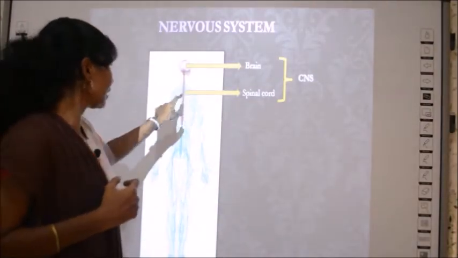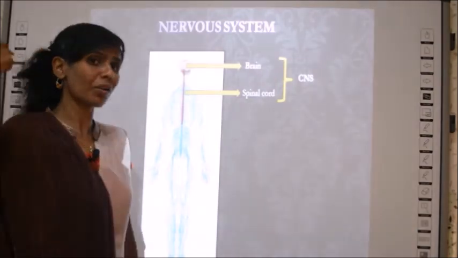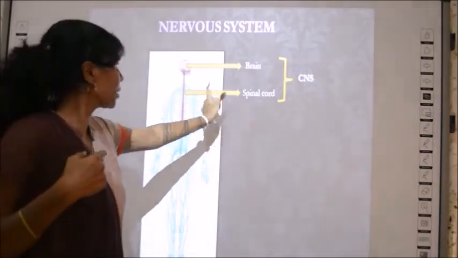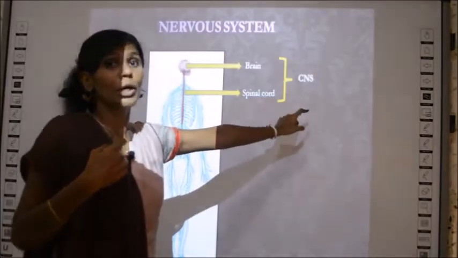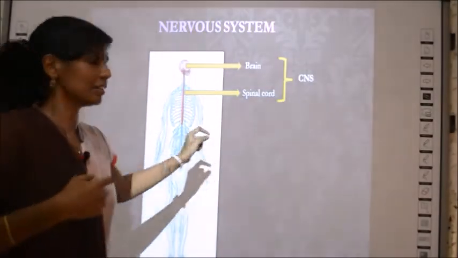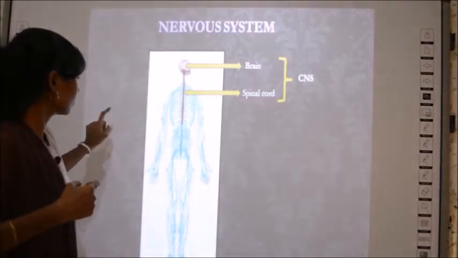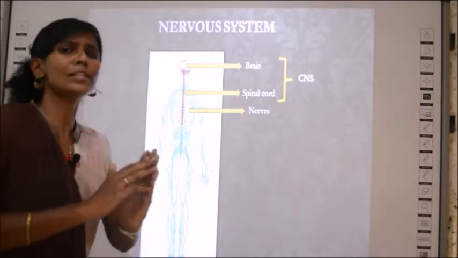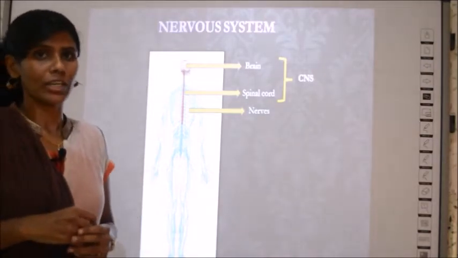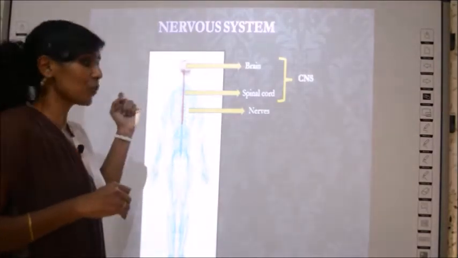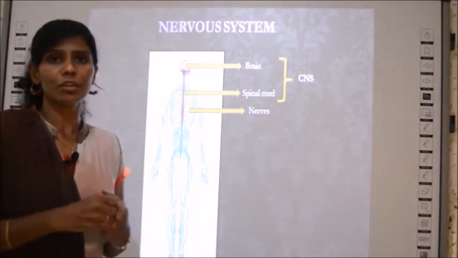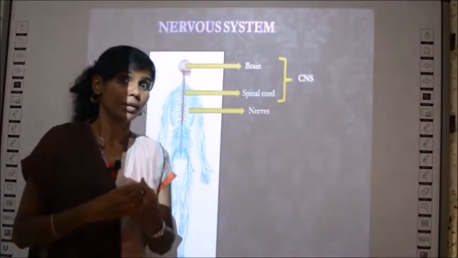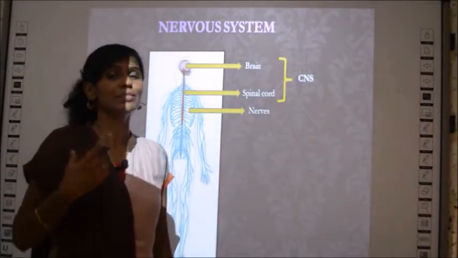So brain and the spinal cord, I told you, no, the long rod-like bone from the neck till the hip is the spinal cord. So the brain and the spinal cord make up the central nervous system. And then the peripheral nervous system includes all the nerves of your body. Right. So there is one more term in your book called cranial nerves. What is that? Cranial nerves are the nerves of your face.